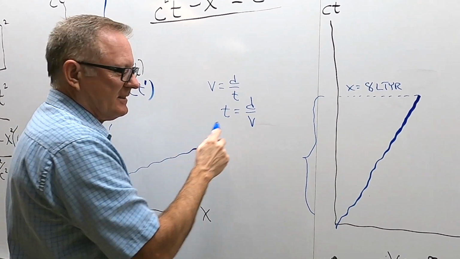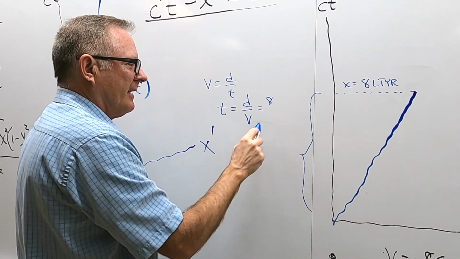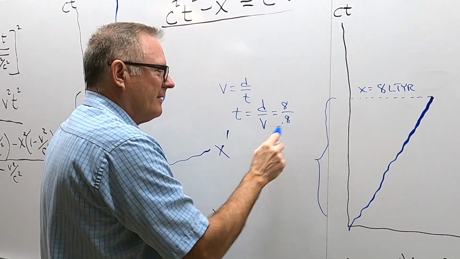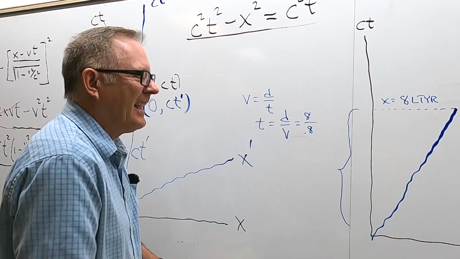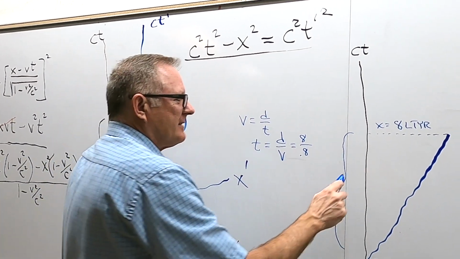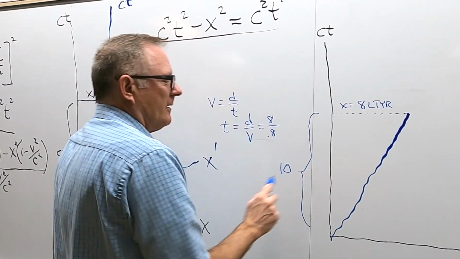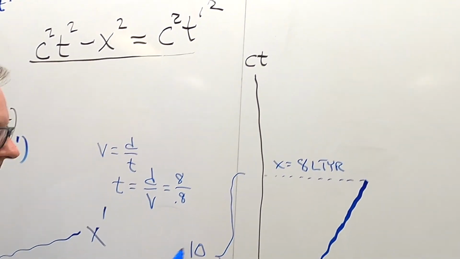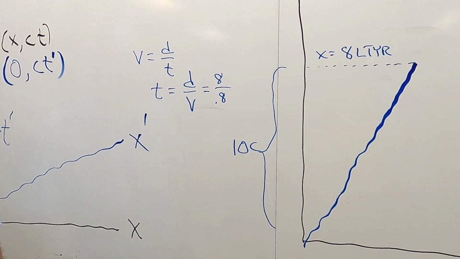Well, the distance is 8 light years, and the velocity is 0.8 c. 8 over 0.8 is 10. Frank's going to say it took 10 years to get there, but that's the t, so it'd really be c times 10. 10c. We'll just call it 10 times c.